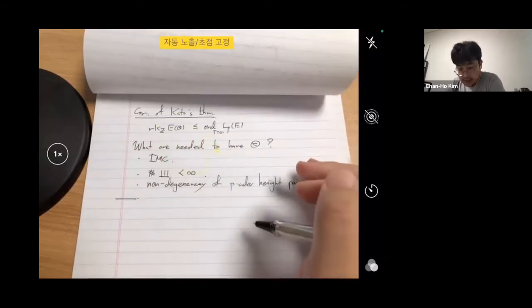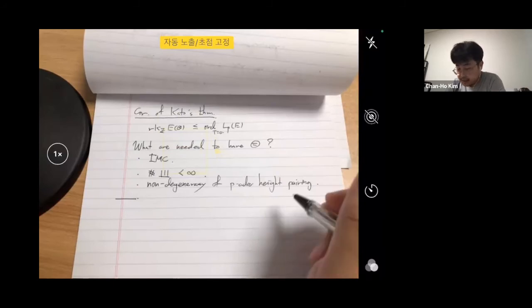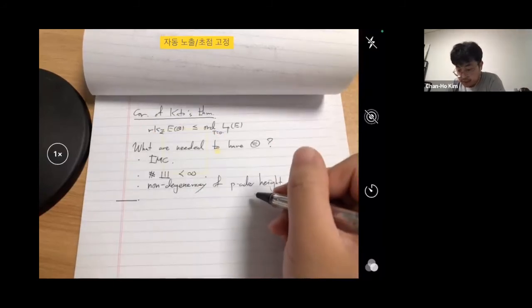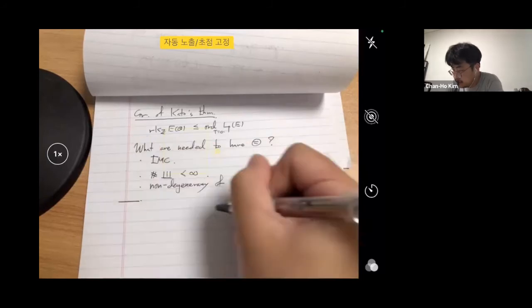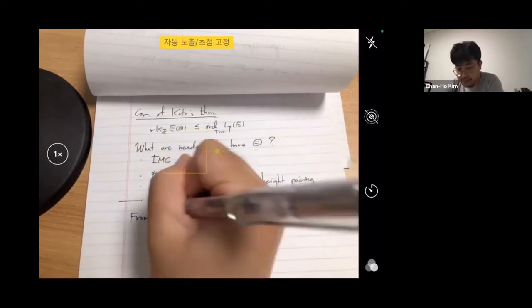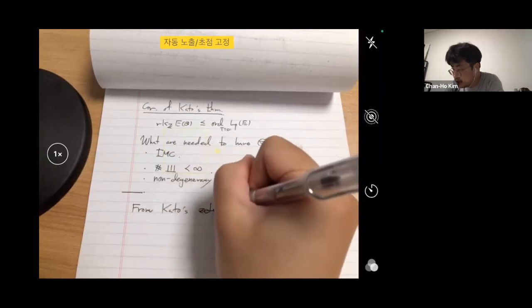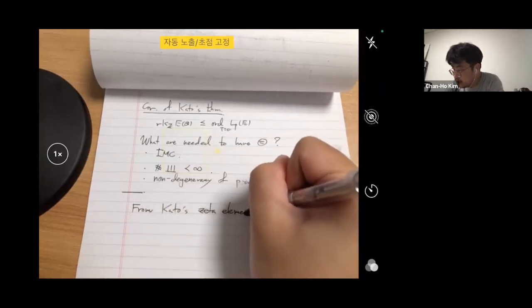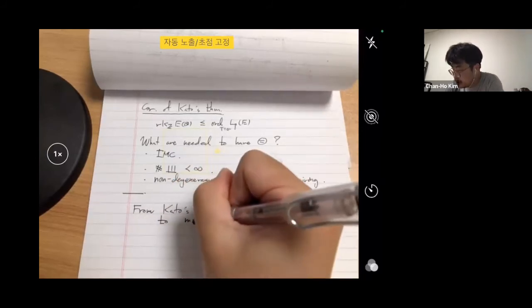Okay, and now we go back to Kato's elements. From now on, what I want to do is reconstruct the Mazur-Tate modular elements from Kato's zeta elements, from Kato's zeta elements to Mazur-Tate modular elements.